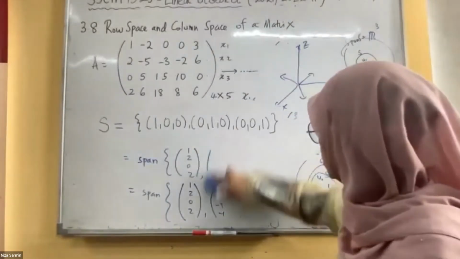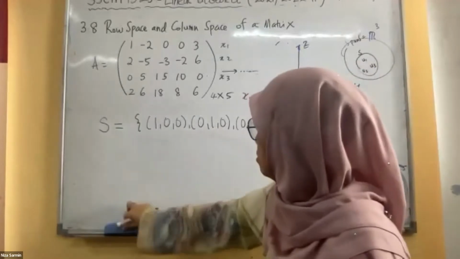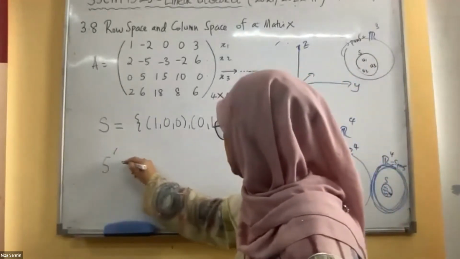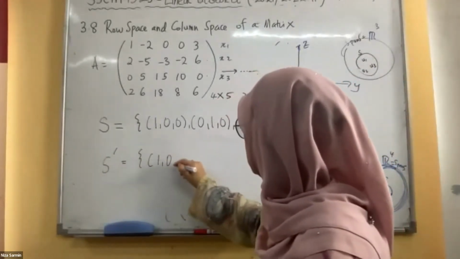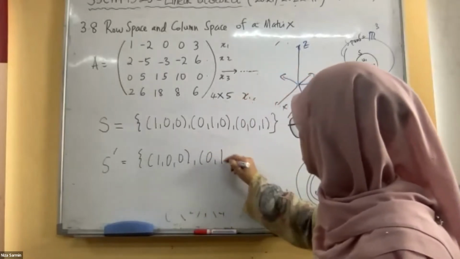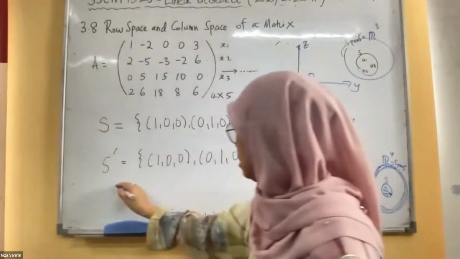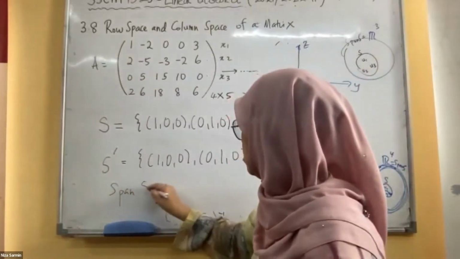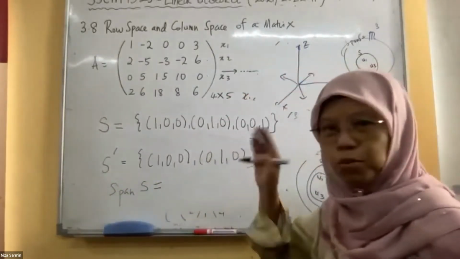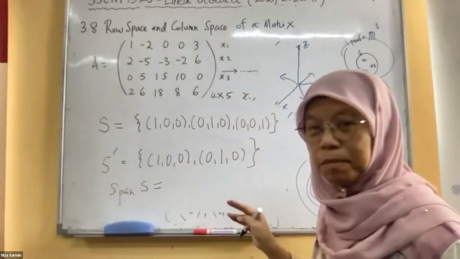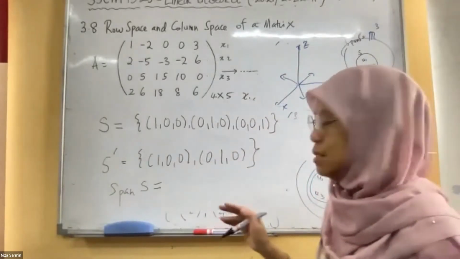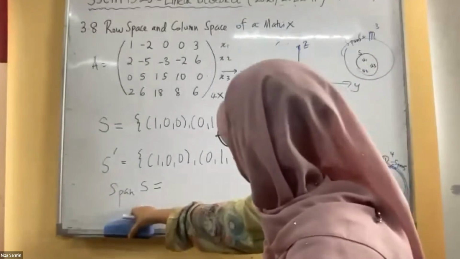Now, suppose your S prime has only 2. When you put X, Y, Z, this will span, but this is a plane. This is just a plane.